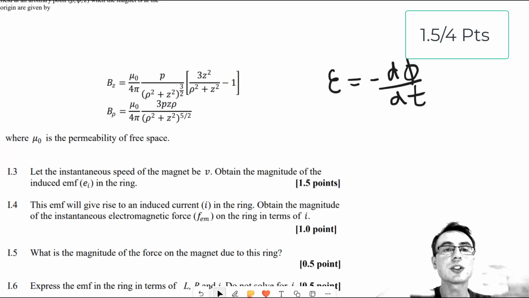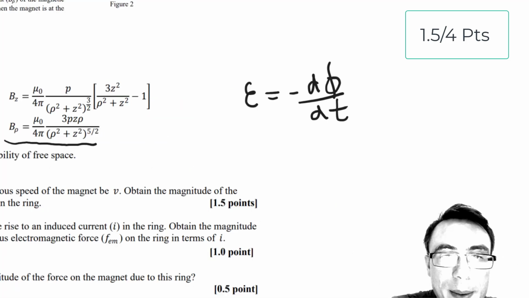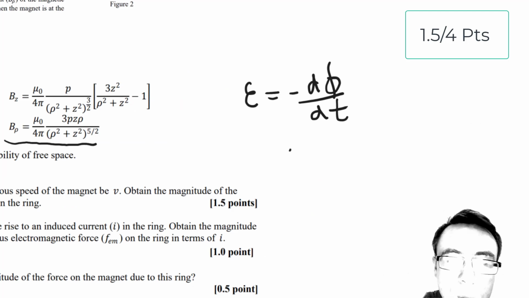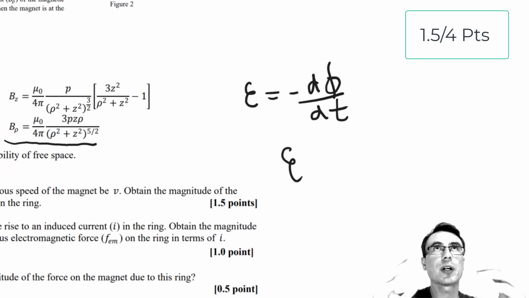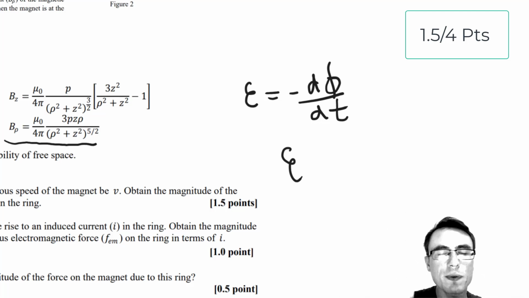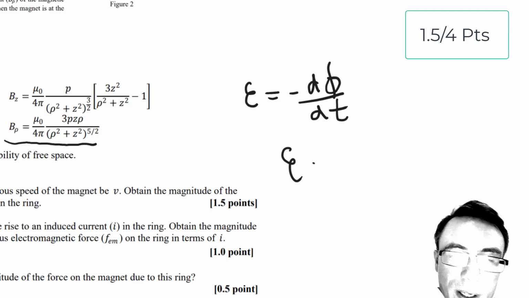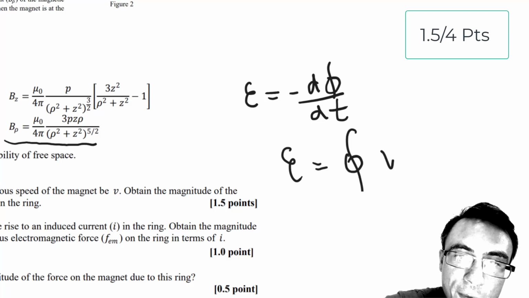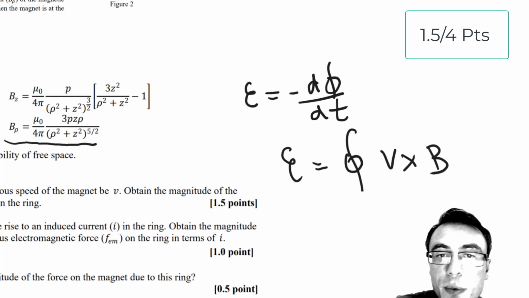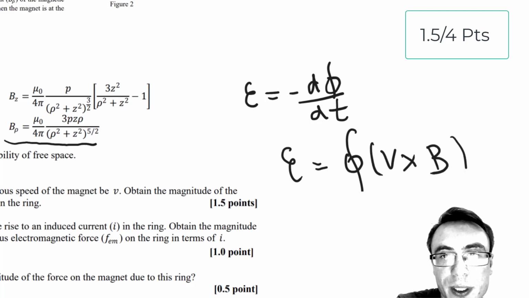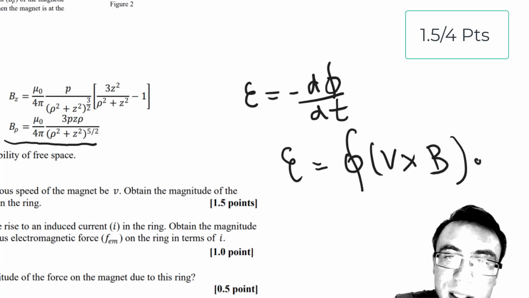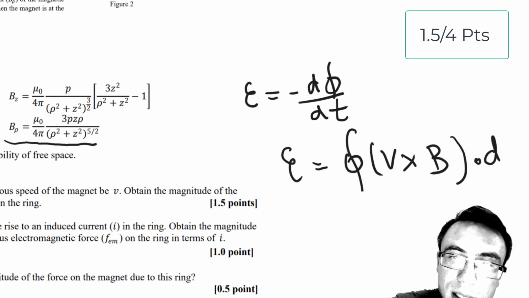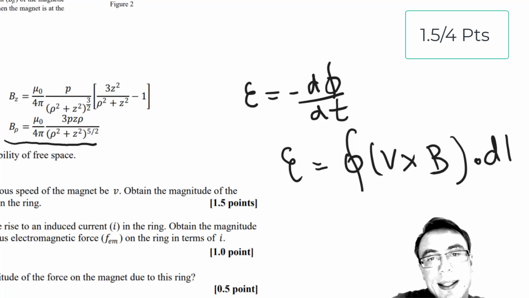But there's also an alternative way of formulating it. Our second way of expressing the EMF when the conductor and the source of the magnetic field are moving with a speed v is given by the loop integral of v cross B, which will be another vector in itself that we're going to be computing in a minute, integrated over the length dl.